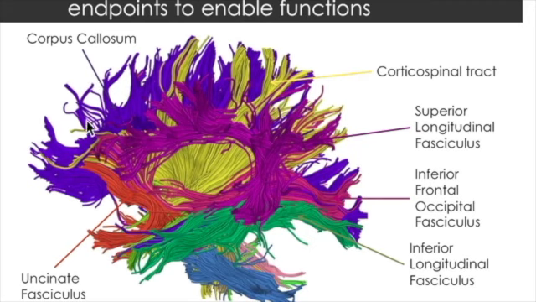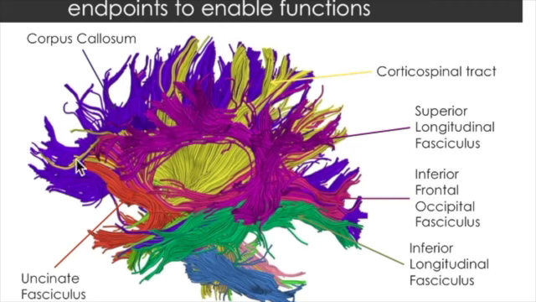Each of these white matter bundles is labeled with its corresponding name. The corticospinal tract, for instance, is the white matter pathway that's going top to bottom. The superior longitudinal fasciculus is a pathway that connects longitudinally, so front to back, so it's an association fiber, and it's relatively superior in the brain, and a fasciculus means a white matter bundle.